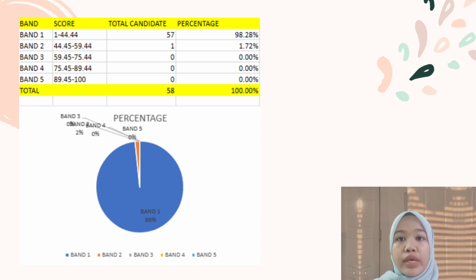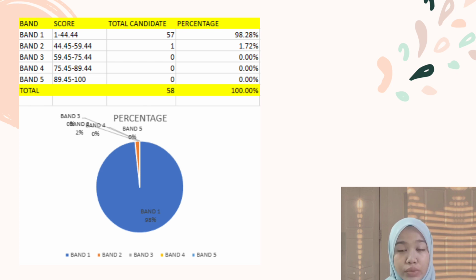Based on question 4, we can identify the competency band of each candidate. So from that, we can produce a table and pie chart to show the number and percentage of candidates in each competency band. As we can see, the table shows the band, score, total candidates, and percentage. For band 1, the number of candidates who got band 1 is 57, and the percentage is 98.28%.